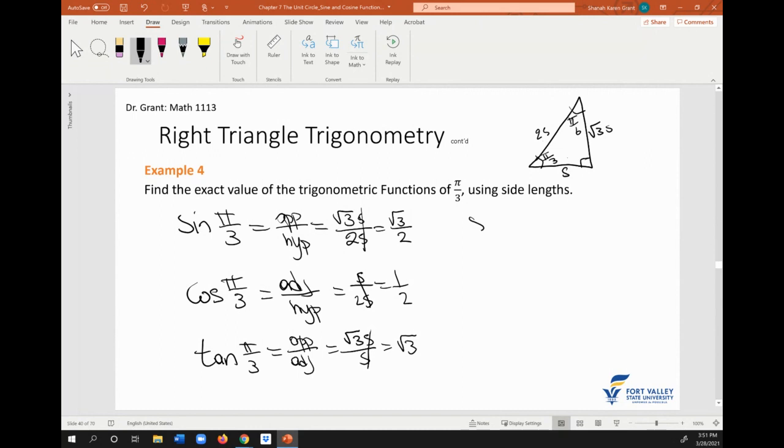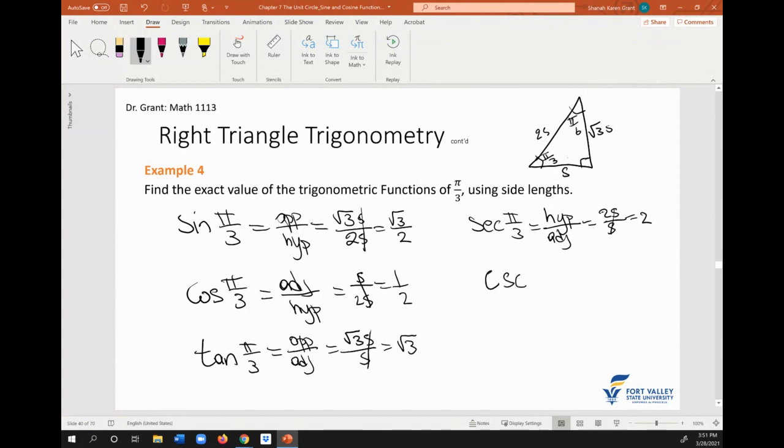We also want to find secant of pi over 3. We know this is going to have a ratio of hypotenuse over adjacent. So that's going to be 2S over S, which gives me 2.